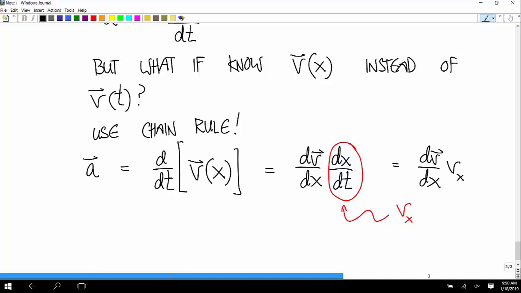And doing it that way, we can take the time derivative of the velocity to get the acceleration without ever knowing what velocity is as a function of time explicitly. That's going to be really useful because acceleration is the key to putting kinematics together with forces and masses, because that's how you go through Newton's laws, is through acceleration.